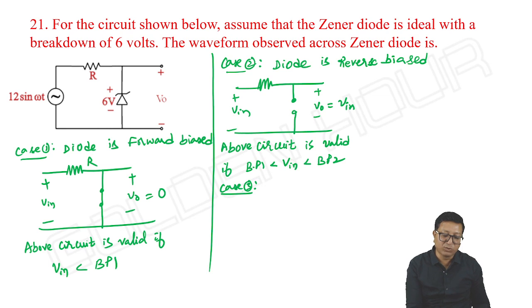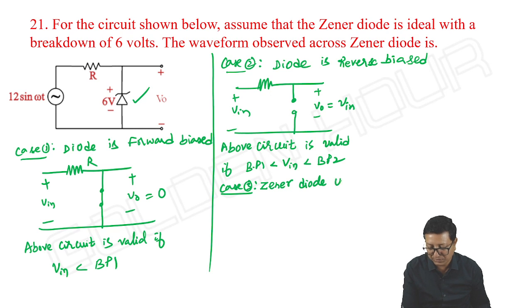Input is more than 6 volts, meaning the breakdown voltage of the Zener diode. Then what happens? The Zener diode undergoes Zener breakdown and starts conducting in the reverse direction so that it maintains a constant voltage of 6 volts across it. So what do we get?